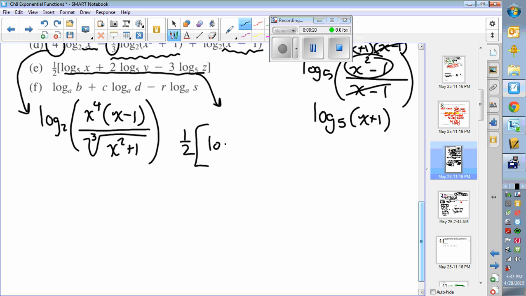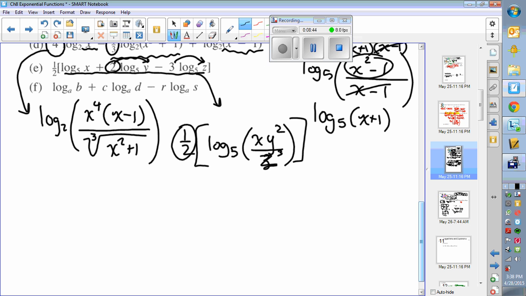So I have a log to base 5, and I have x times y squared, because this 2 goes on the y, and that 3 goes on the z, but it's a minus, so it's subtract z to the 3rd. Okay, now all of that is to the 1/2 power.